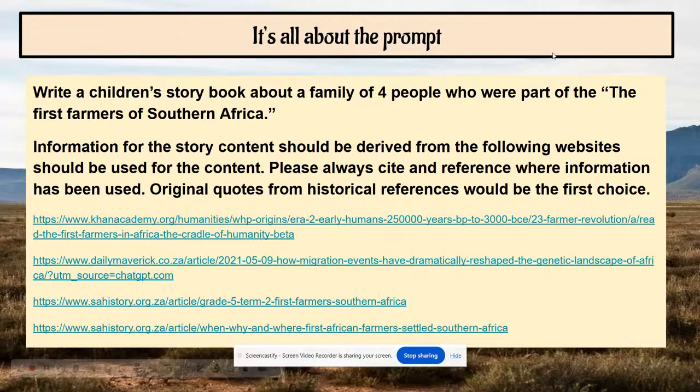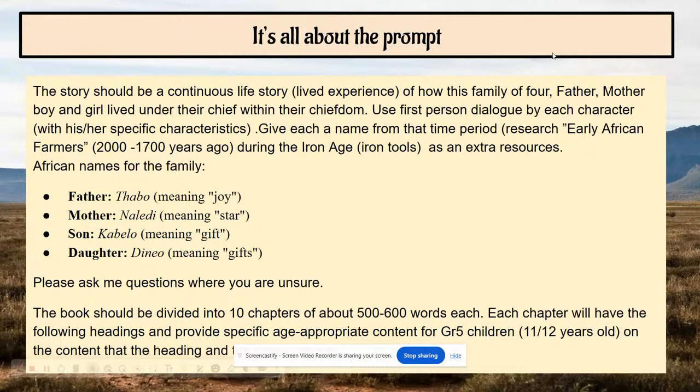And when wanting to use AI to write the story, it's all about the prompt, and then you don't have any trouble. So I began with: write a children's storybook about a family of 4 people who were part of the first farmers of Southern Africa. I gave them some websites to look at. I said that the story should be told through the eyes of the little boy. There's a father whose name is Thabo, a mother Naledi.